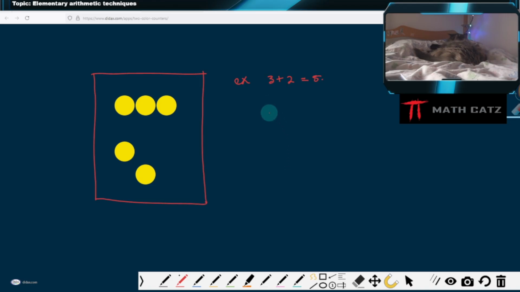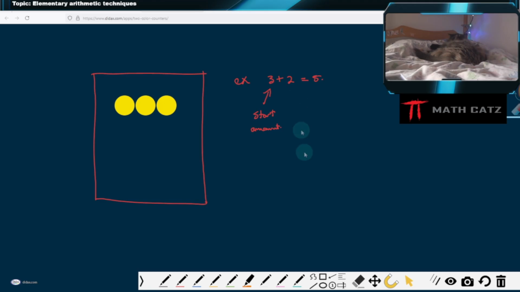So how the chip model would work is we're simply acting out what is happening on the table. And so we have our starting amount. In this case, in our example, let's remember we had 3 positive chips to start with.